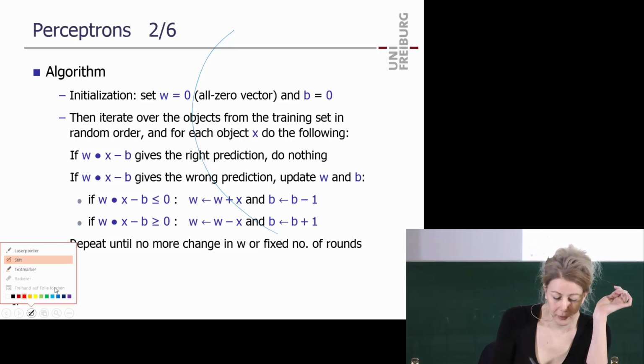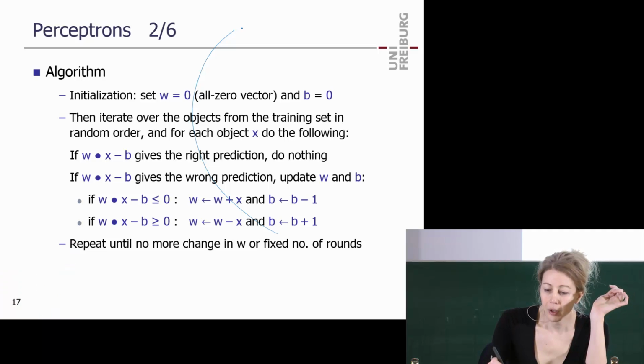So a round is 1 pass over all training objects, right? This is a bit different from the previous algorithm. In random order, you always change the order.